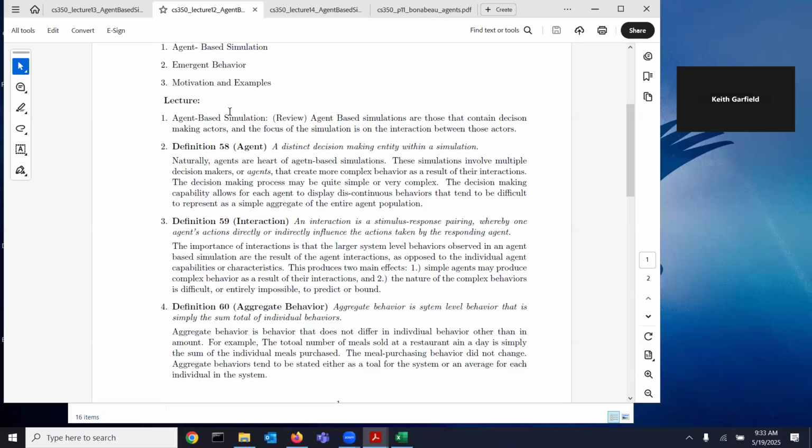Aggregate behavior is a more simplistic form of pulling behavior together. So if you say, like a GoFundMe is an aggregate system, right? If you put in 10 bucks and you put in 10 bucks and you put in 10 bucks, we all put in 10 bucks. We've got 1, 2, 3, 4, 5, 6, 60 bucks in there, right? It just aggregates the results.